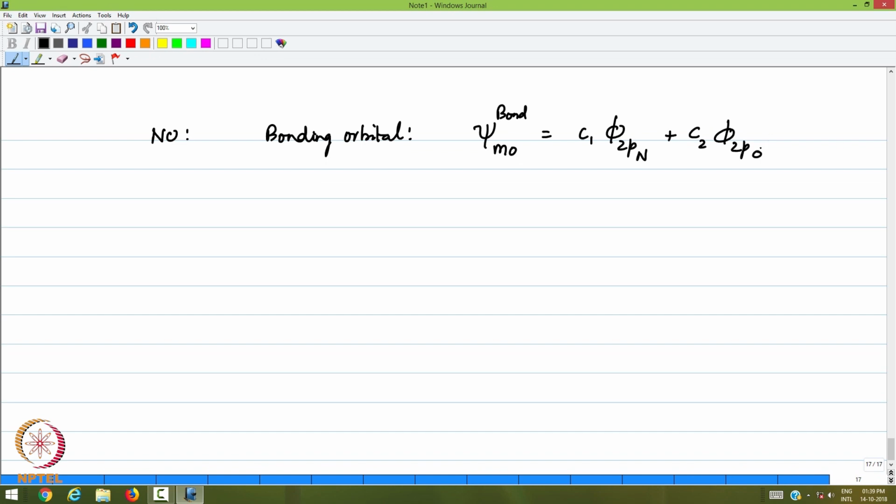If we do this, you would see that for the bonding case, this is higher in energy, this is lower in energy. You will see that the absolute value of C1 squared is less than the absolute value of C2 squared.